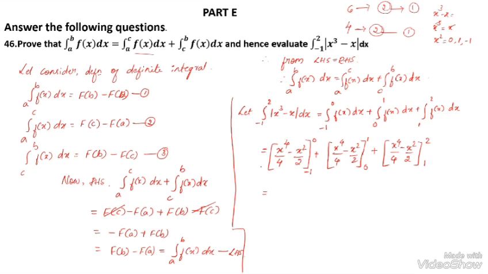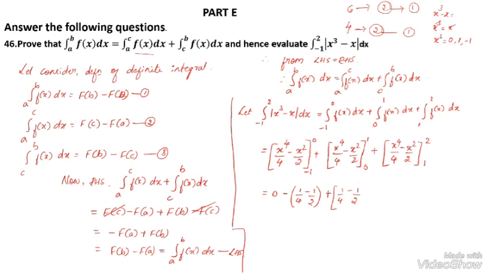Now substituting the upper limit, the whole expression will be 0, and minus the lower limit. While taking the lower limit, minus of (minus 1 to the power 4) 1 by 4. Here minus squared will be plus 1 by 2. Again plus, while taking the upper limit 1 by 4 minus 1 by 2.